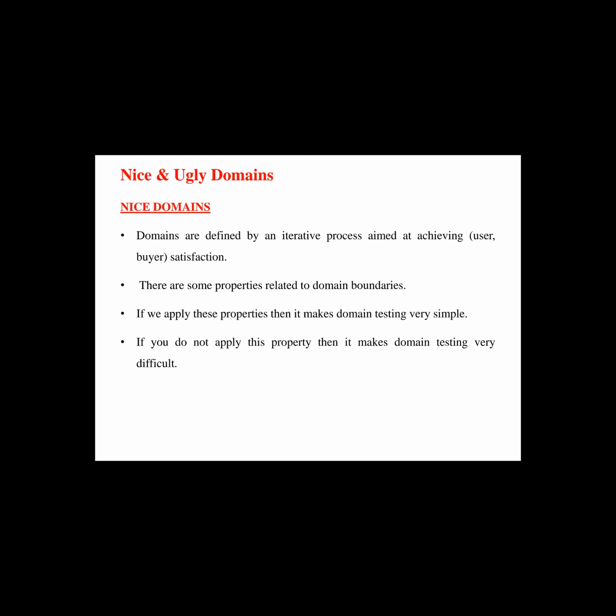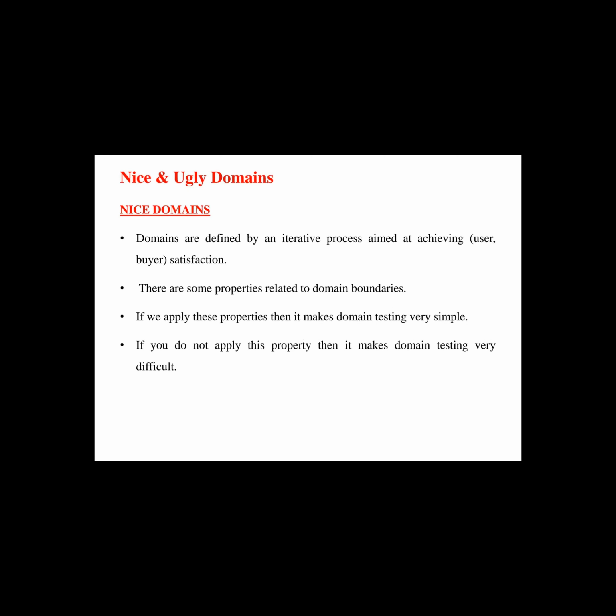See here, nice and ugly domain. In the name itself, we are telling that the domain you are taking, for example domain A or domain B, will be considered either a nice domain or an ugly domain. A nice domain means the representation of the domain, the input and output values, follows the domain's range.